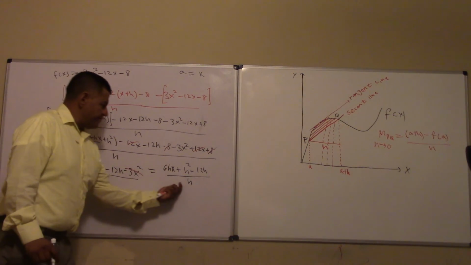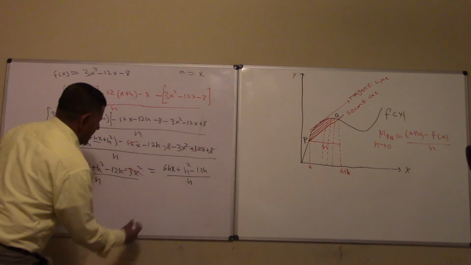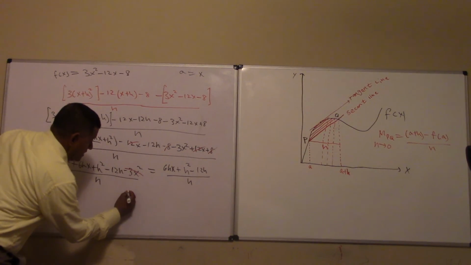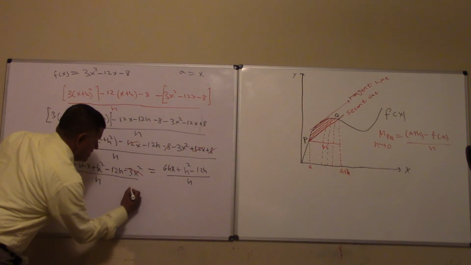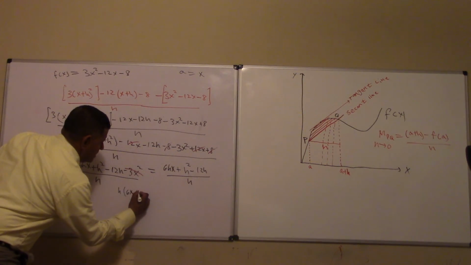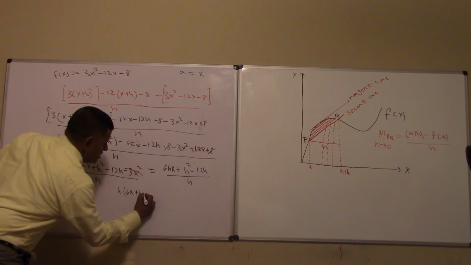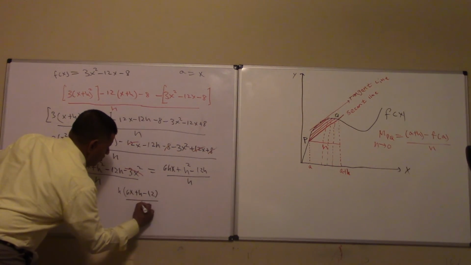Now I can factor out h, right? When I factor out h, I get h comes out, I get 6x plus h minus 12 over h.